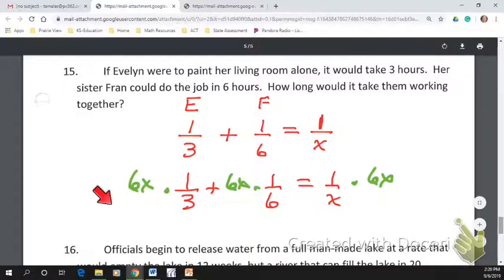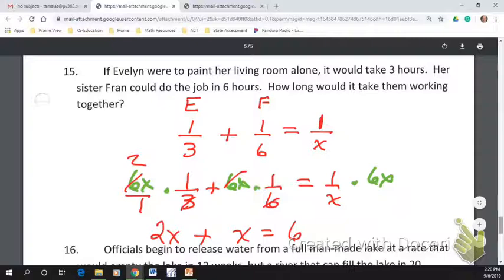So, 2, so 2x, okay. Second term, x. 6 is canceled, I'm left with just an x. x is canceled, and you got a 6.